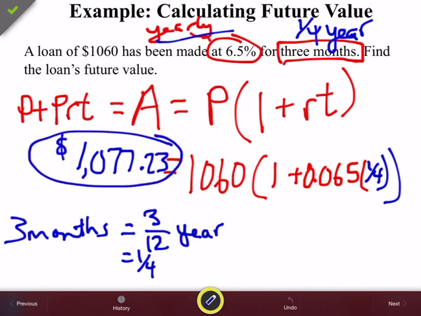And that is the future value of this loan. So very important to make sure that your rate units, when they're not listed, yearly, when they are, using those units, match up the units for your time.